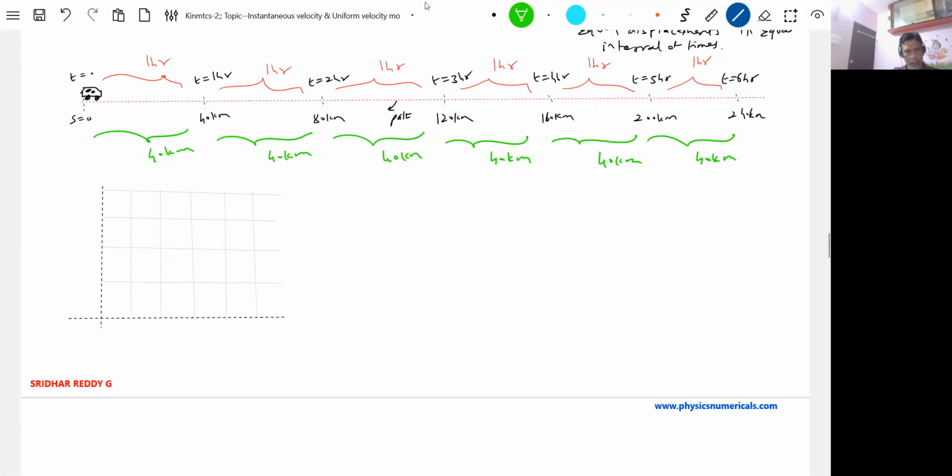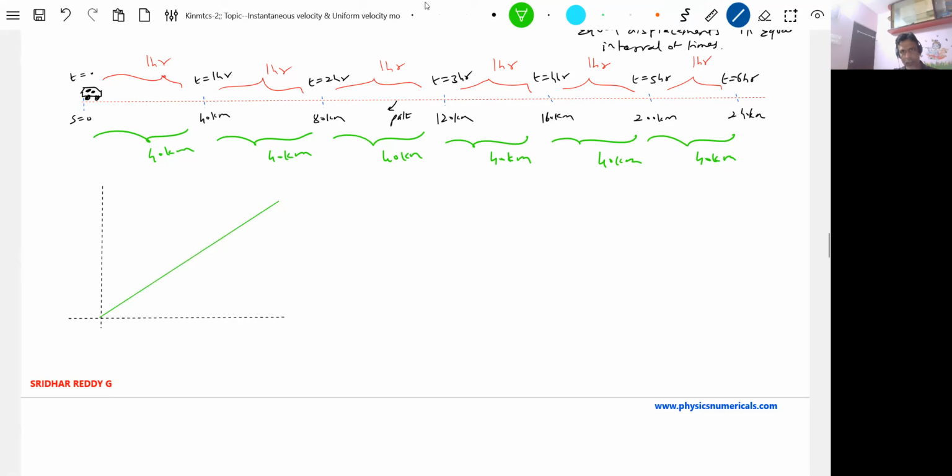Okay, this is our curve. I think I'll redraw it, because I have to follow the scale.